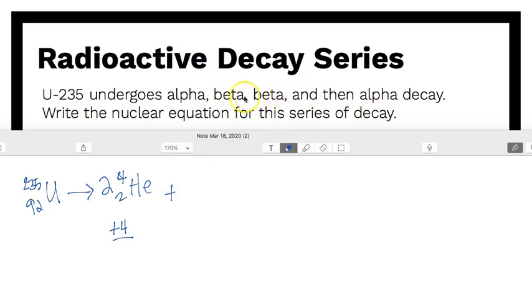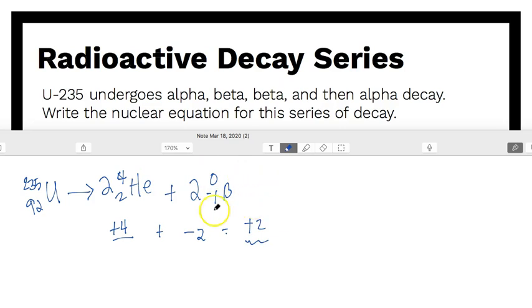Then it undergoes beta twice. Beta, remember, is electron, right? And it undergoes that twice. So we have a subatomic charge of -2. And when you add them up, you have a net charge of +2 on the right side.